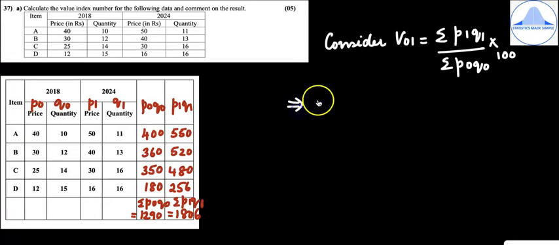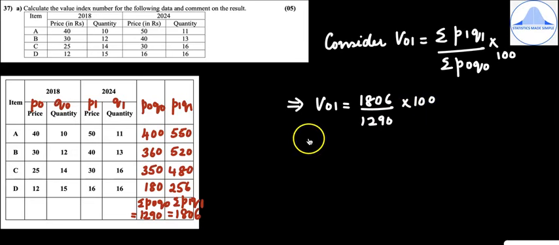Which implies V01 is equal to 1806 divided by 1290 into 100. So we get V01 is equal to 140.